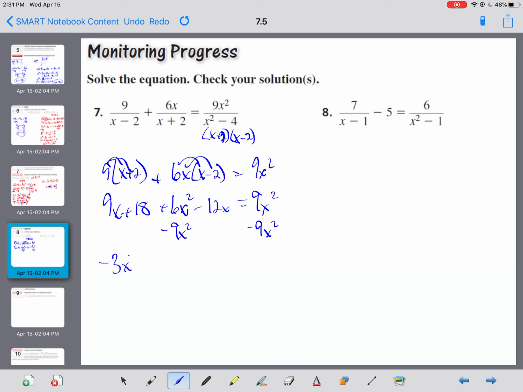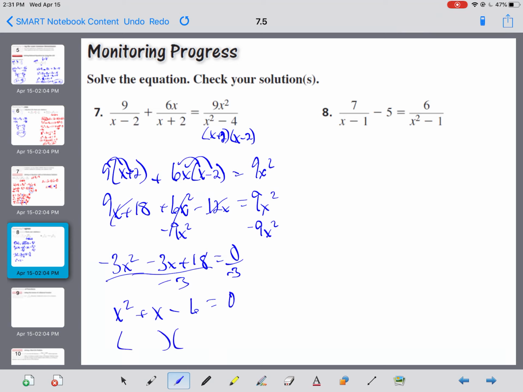Let's go ahead and move this over. 6x squared and minus 9x squared is minus 3x squared. 9x and minus 12x is minus 3x. And plus 18 equals 0.